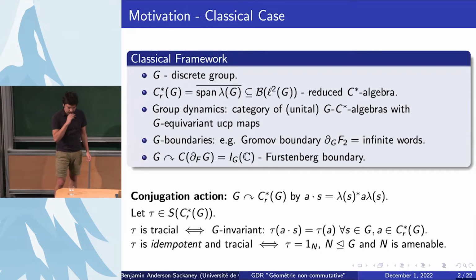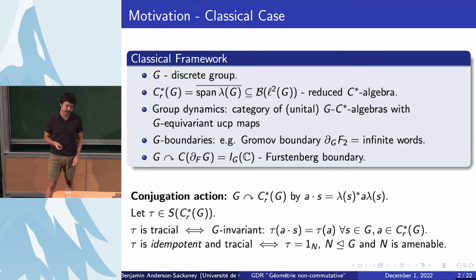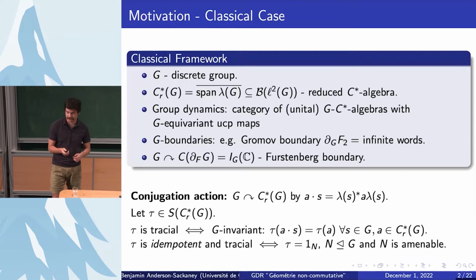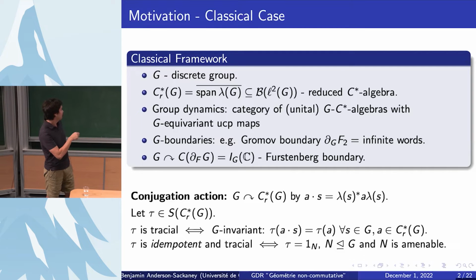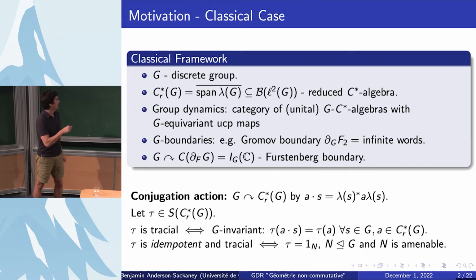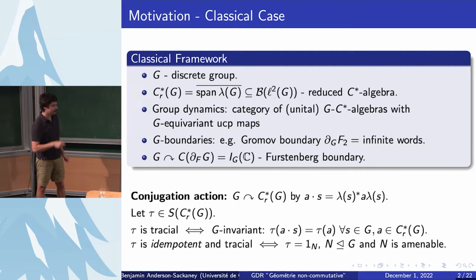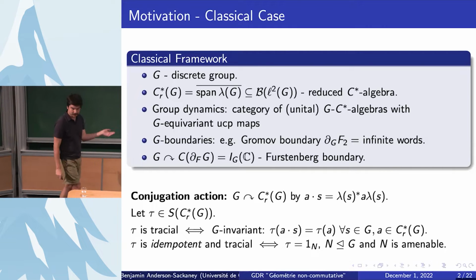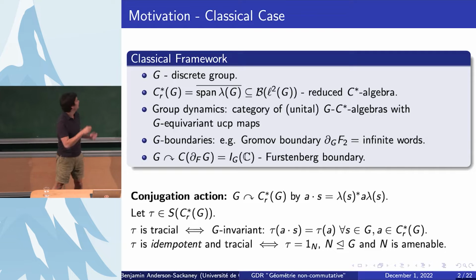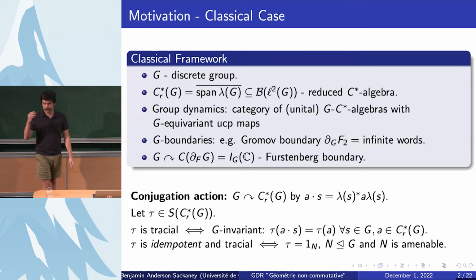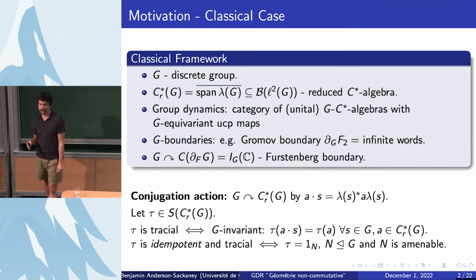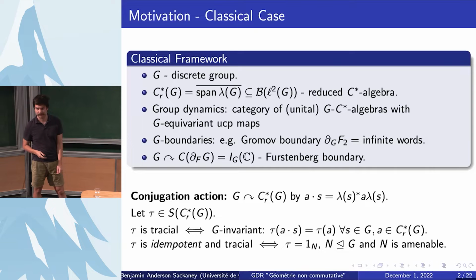An important subclass of the tracial states are the idempotent tracial states. It turns out that these are in correspondence with normal amenable subgroups of G, and in particular, they have this form. They look like indicator functions on the normal subgroups. By this notation, I mean that if you restrict to the copy of G inside the reduced C-star algebra, it's the indicator function on it.